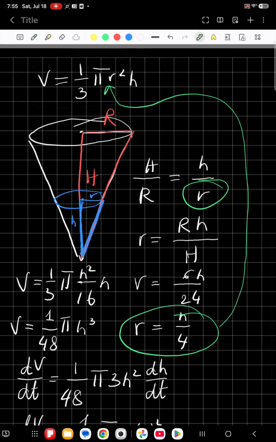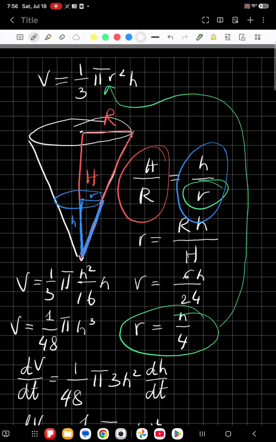Now the problem is that we have 3 variables, 1, 2, and 3, and we need just 2. So we replaced that r with h using the law of similar triangles. You have the red triangle, that's this one, and then we have a blue triangle, this one. Those ratios are the same because these are similar triangles.